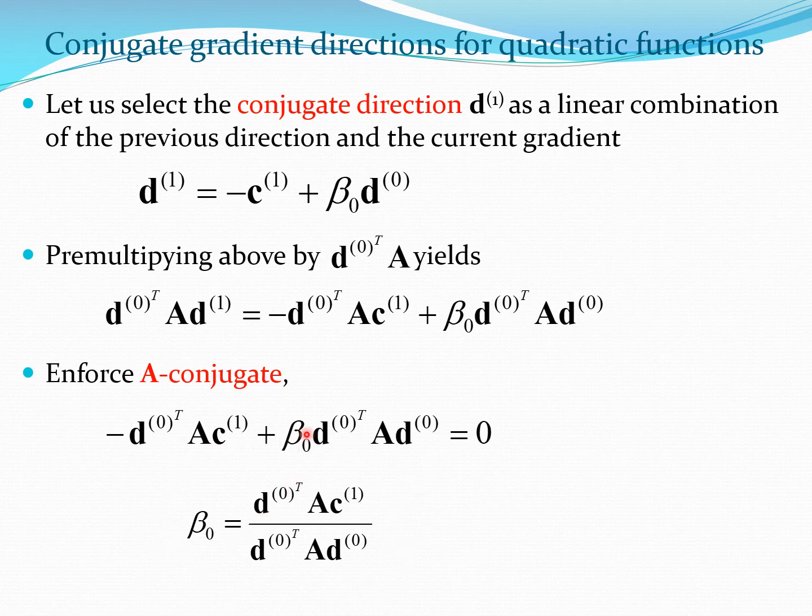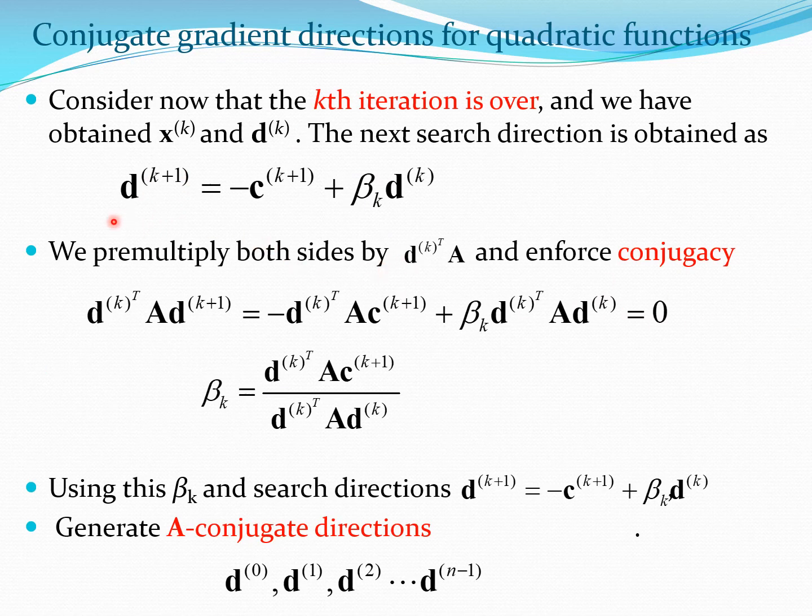So that essentially gives you the first value of beta 0 here, and with that you can calculate the direction d1. Now extrapolate this to the kth situation. So let us say you are at the k plus 1th point and you have obtained xk and dk. So the next search direction, dk plus 1, is minus ck plus 1 plus beta k into dk.